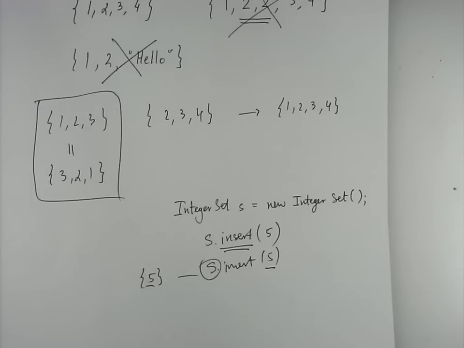Insert modifies, also going to be this, right? Because we're going to change the state of our integer set. And remove, also this, right? This is kind of boring. They're all this.